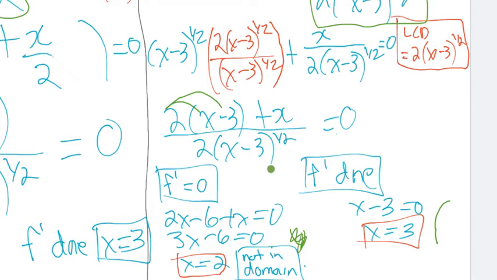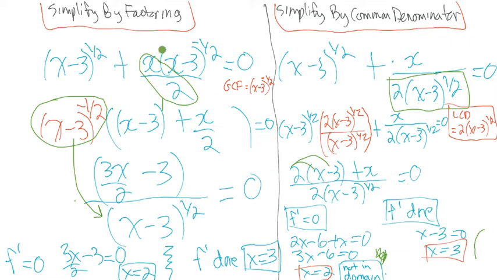Again, two different approaches, you're going to get the same results. You can simplify with common factoring, or you can simplify with a common denominator. Most commonly the approach is to factor, and I was trying to think through why people always factor rather than get a common denominator.